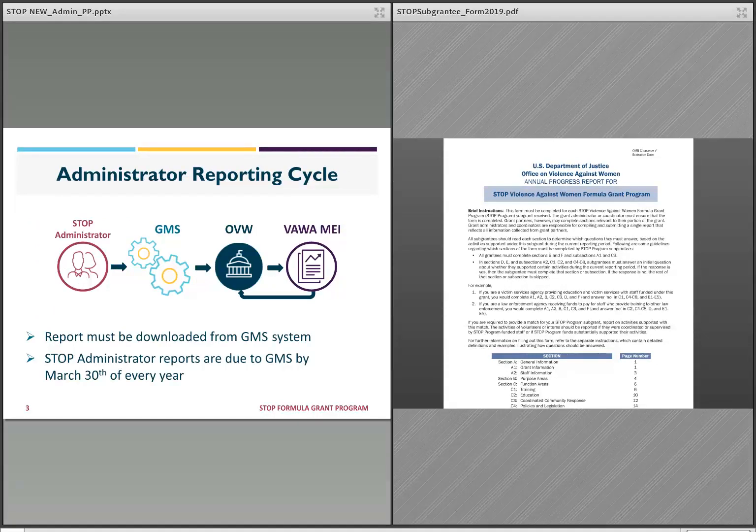Before we talk about the STOP Administrator Progress Reporting Form, here is an overview of the Administrator Reporting Cycle. You as a STOP State Administrator must download your Progress Reporting Form from the Grant Management System, or GMS. These STOP Administrator reports are due to GMS by March 30th of every year.